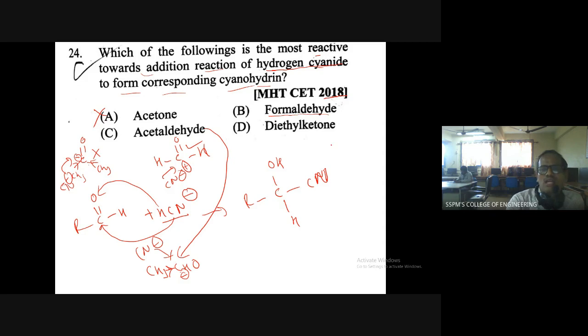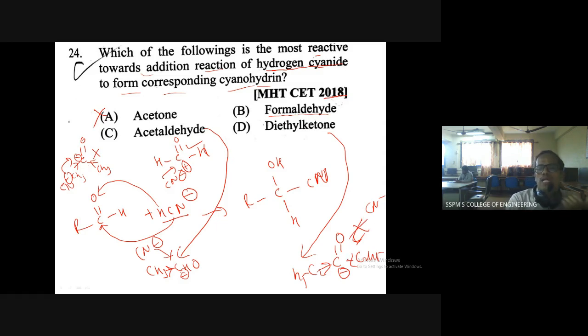Okay. Then diethyl ketone, again the same case. Diethyl ketone means this is a ketone, the carbonyl carbon is connected to C2H5 and C2H5. What is the property of an alkyl group? An alkyl group will donate electrons towards the carbonyl carbon and the negative charge will increase on the carbonyl carbon, and it will resist the entry of the cyanide group. It will not allow the cyanide group to enter.